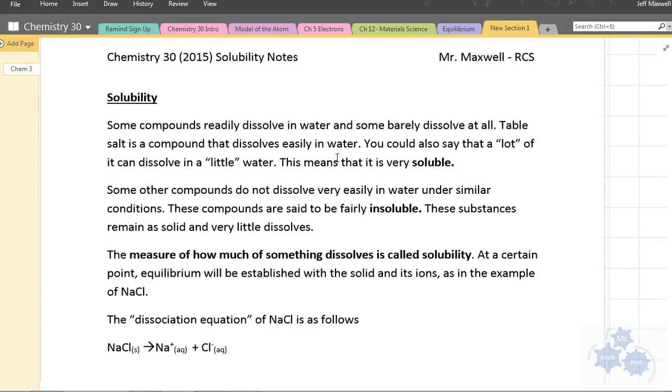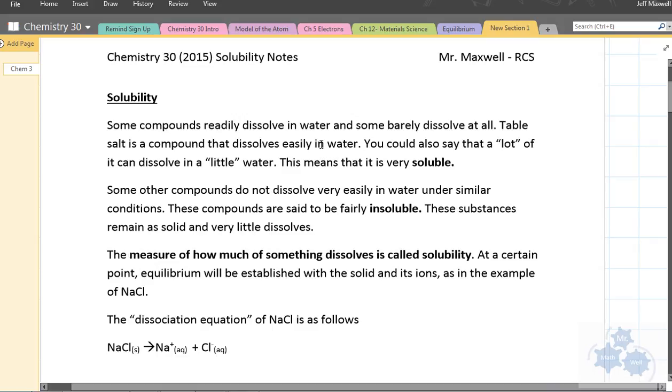Or you would have products that you would guess, because their solubility is really low, would probably come together to form a solid after your reaction. So solubility has a lot to do with predictions and basically how something will dissolve and how readily a product will come together and bond and be a solid in solution. So solubility.